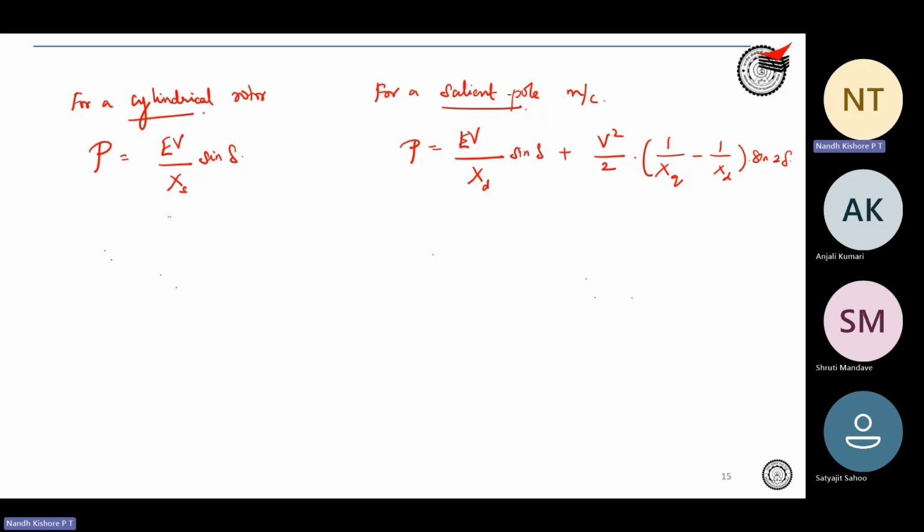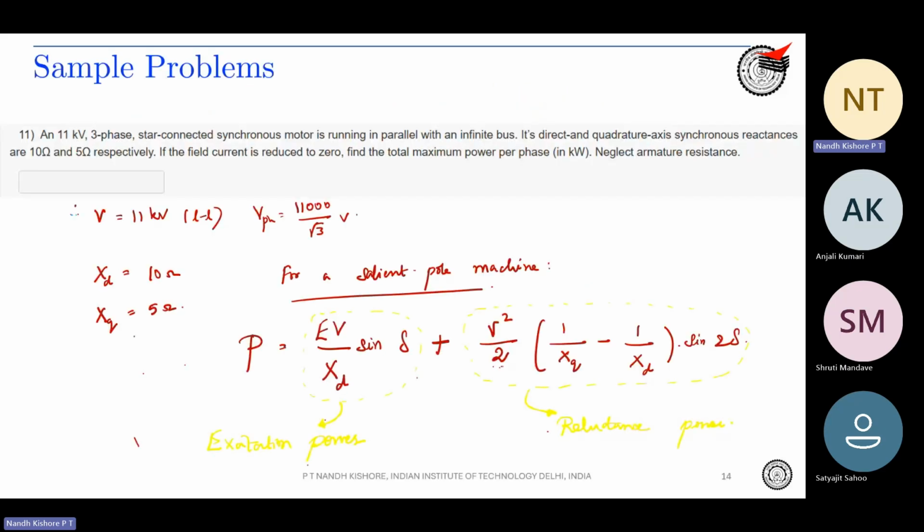So the question is obviously a salient pole machine, because direct and quadrature axis synchronous reactances are given. Field current is reduced to zero. If the field current is reduced to zero, it means that your excitation power becomes zero.